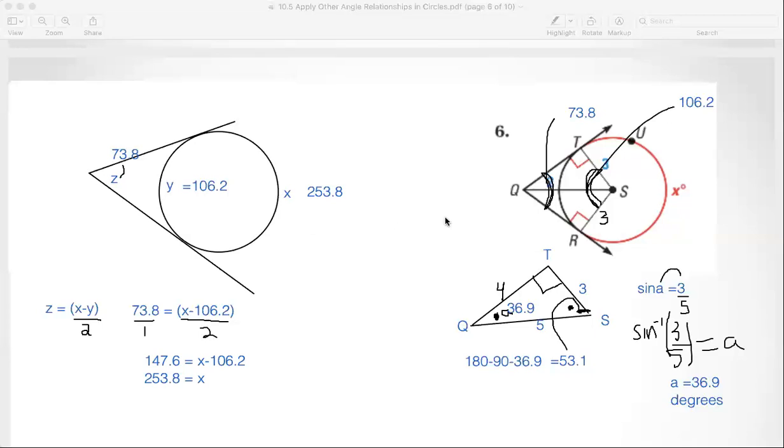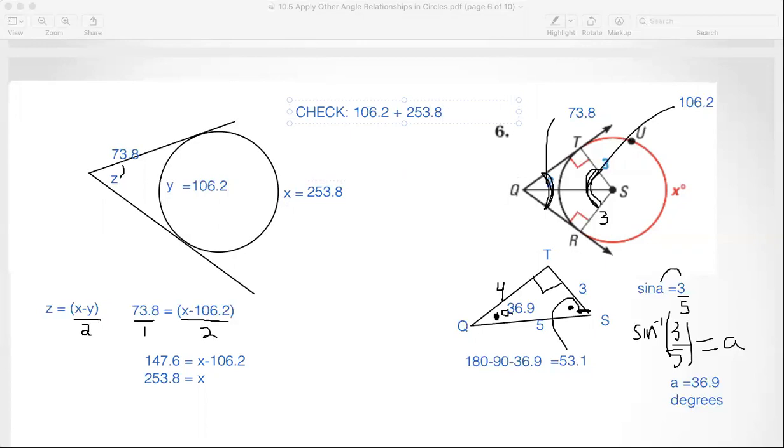I obviously know that's intense, but here's also a way to check it. And I really, really like this. A full circle is 360. So you know this should add up to 360. To check it, it would be 106.2 plus 253.8. Does that equal 360?